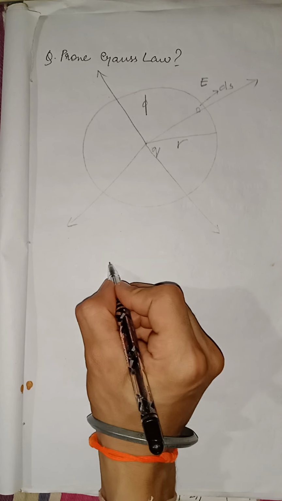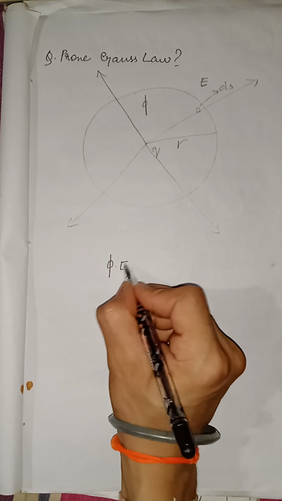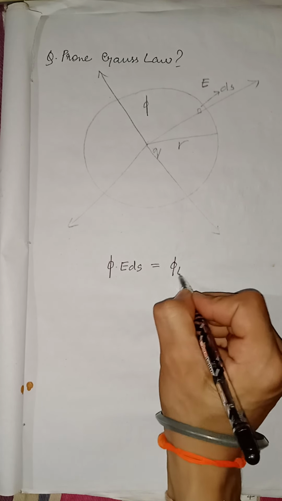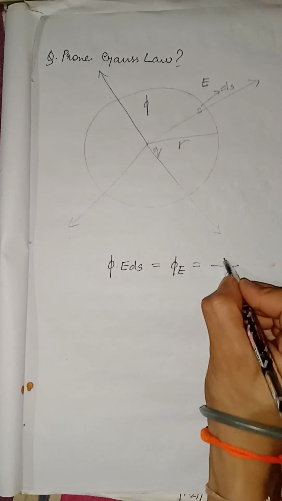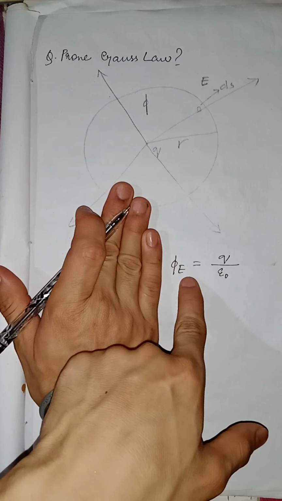Since the closed integral of E dot dS is phi E, which is equal to q by epsilon naught, as Gauss law states.